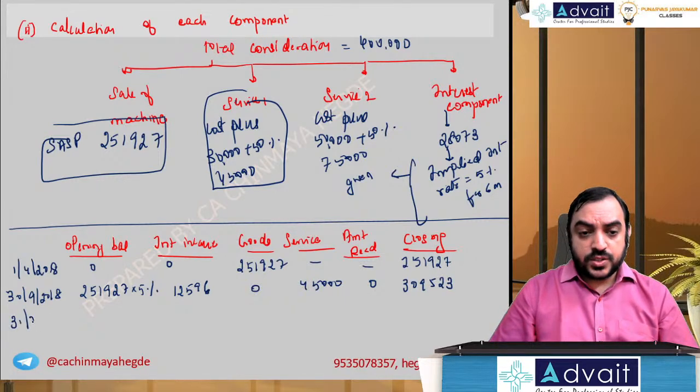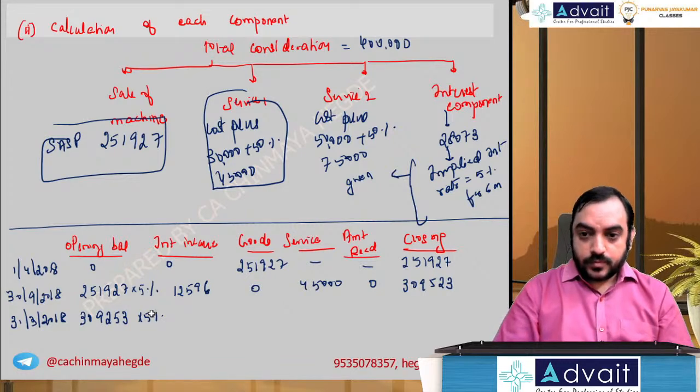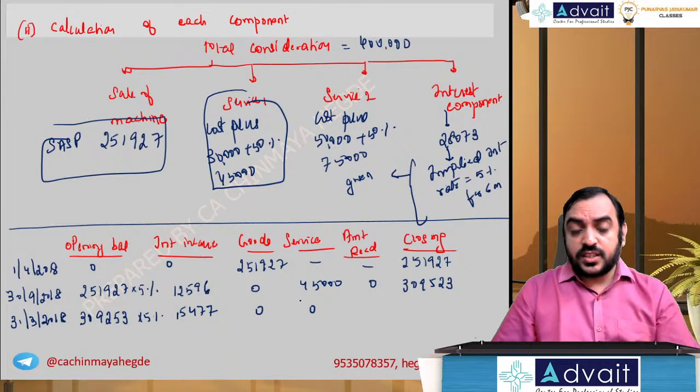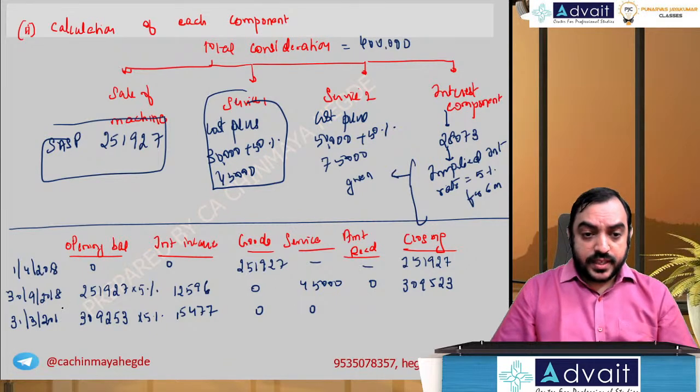Let's do 31st of March, because year end comes. Opening balance 3,09,523, and on that 5% interest accrued, that's 15,477. Goods nothing. Service we receive on the first day of next year, so I don't get anything now. This is 31st March 2019, I'm sorry. Amount received nothing.